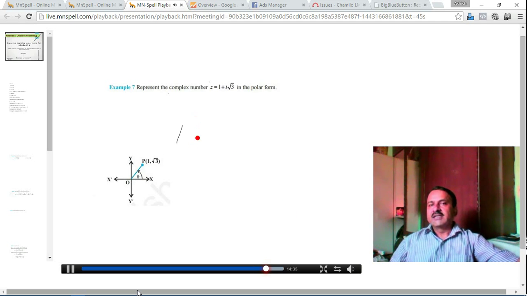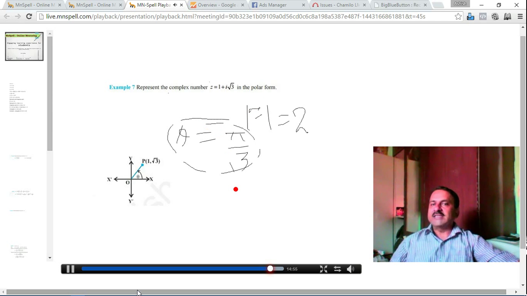Theta equal to 60 degree, and 60 degree is equal to pi by 3 radians. This is our argument. So to get a polar form, we have to find the modulus, and modulus is 2. And we have to find the argument also. Argument is pi by 3. So both the things we have got now. So what is the way to write the polar form? The method is just write r (cos theta plus i sin theta).